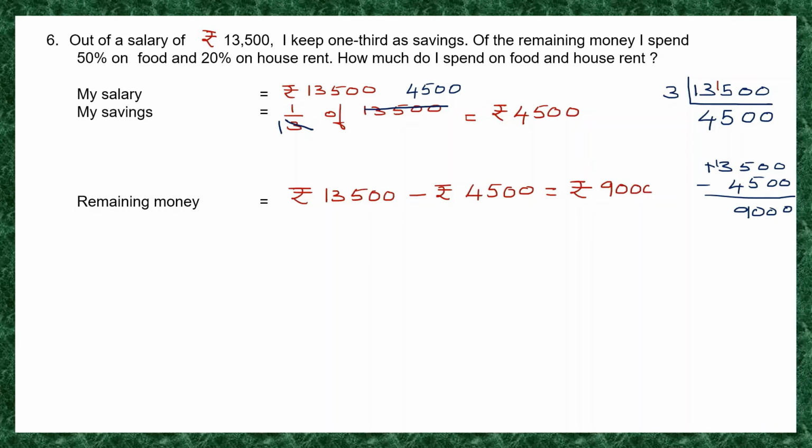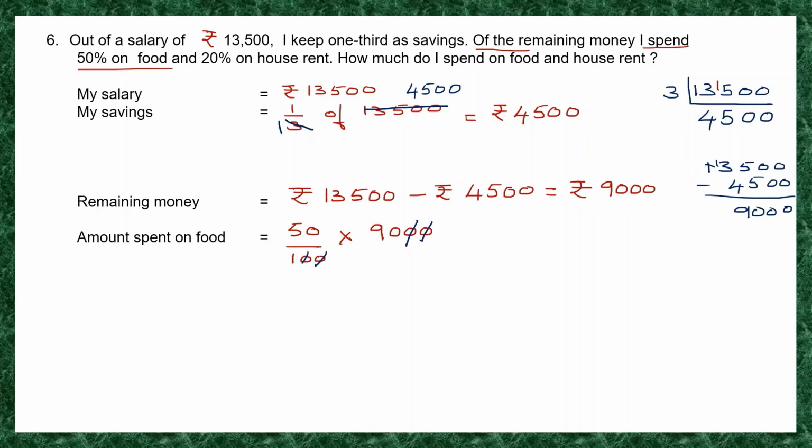So let's continue the question. It says, of the remaining money, I spend 50% on food. So let's see how much I spend on food. 50% of the remaining money. So 50% means 50 by 100 into 9,000, because it's the remaining money. Out of the remaining money I'm spending on food. Now let's do our multiplication. 2 zeros cancelled.